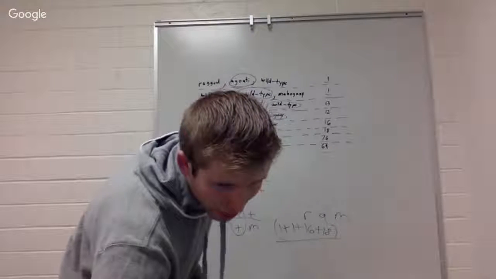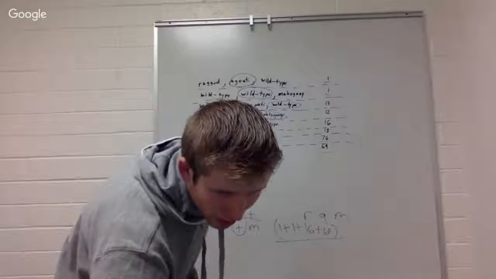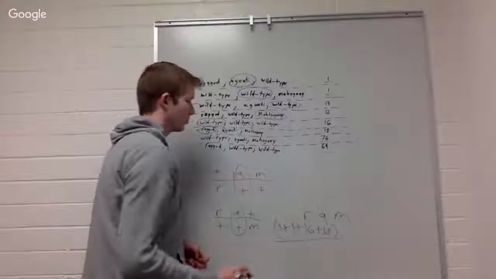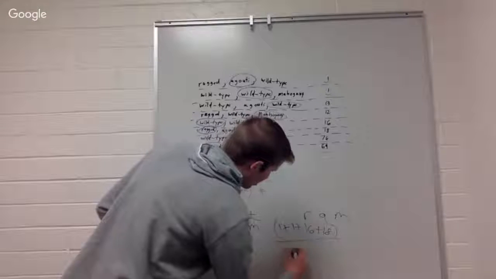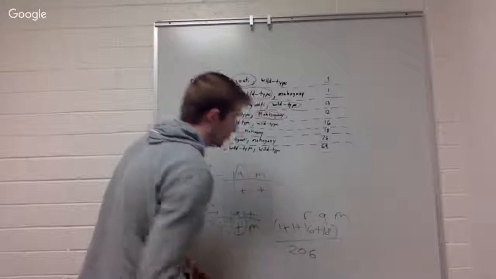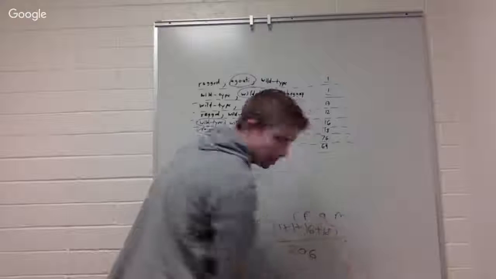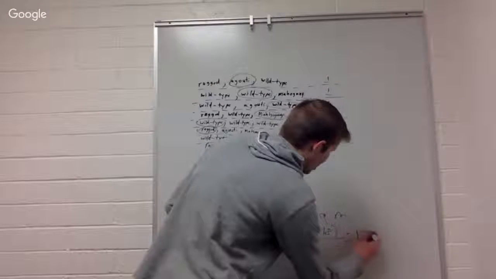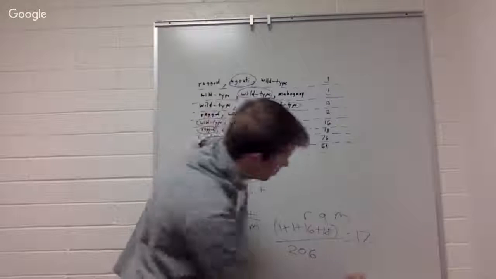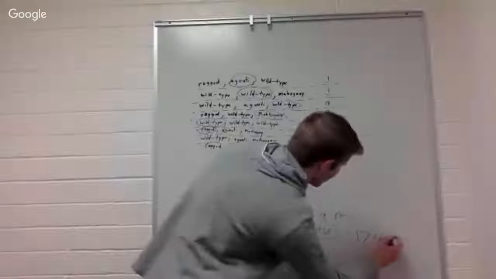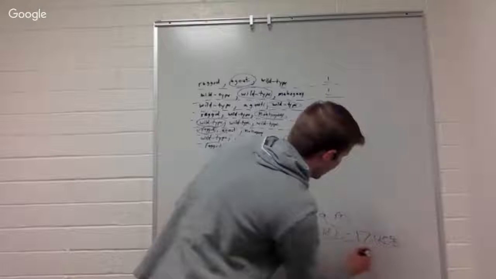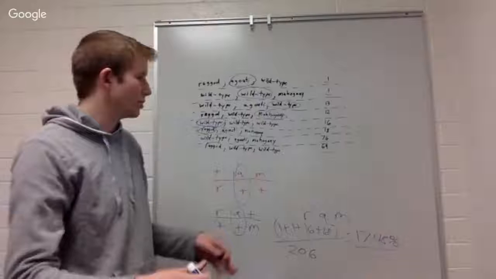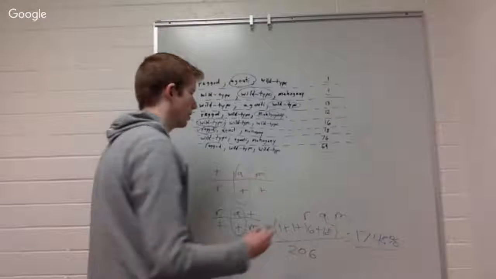And so we have 206 offspring when we add all the offspring up. So we divide it by 206. And when we do that, we get 17.48%.